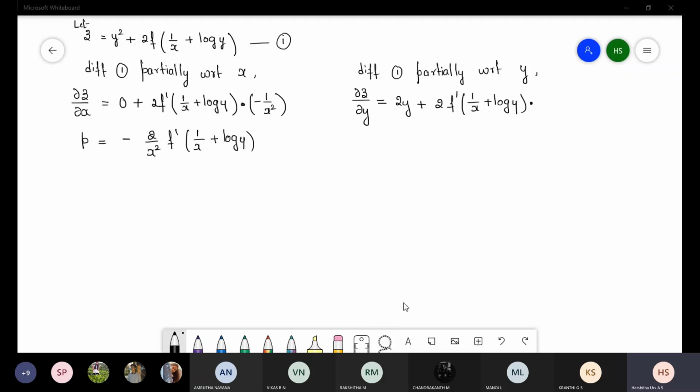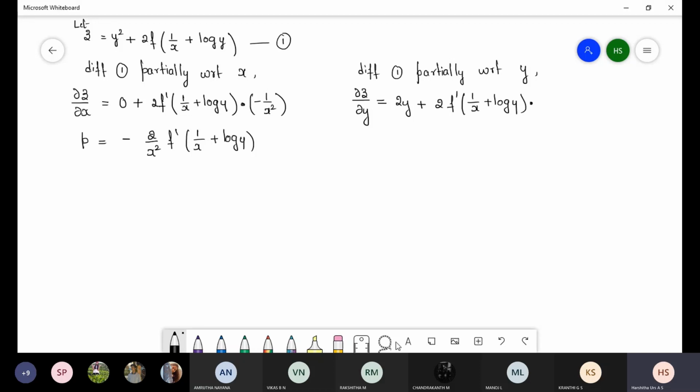Yes, very good. The differentiation of log y is 1 by y.